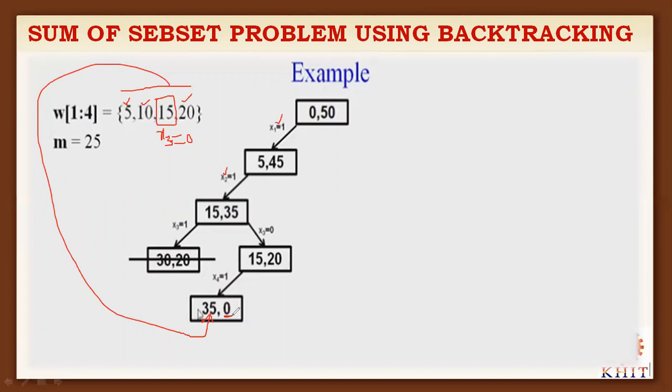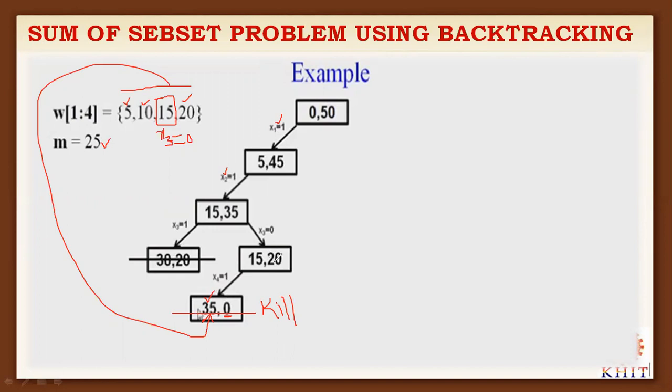Next, if I consider the value of 35, 35 is not equal to 25, it has exceeded the value. Hence, you need to kill the node and apply the backtracking technique.